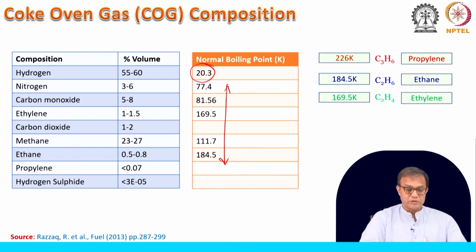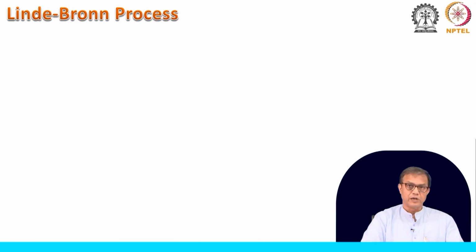So, one such process that we will be talking about today is the Linde-Bronn process, which was invented long back, sometime in 1924, and has been in use for a completely different reason, basically to produce ammonia.